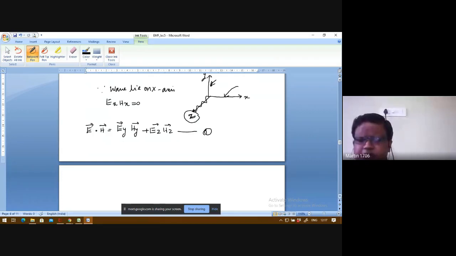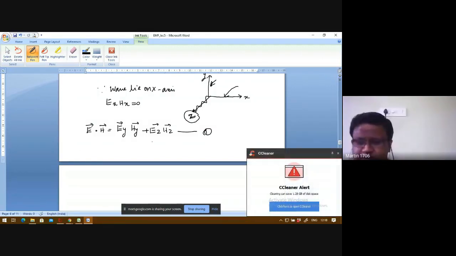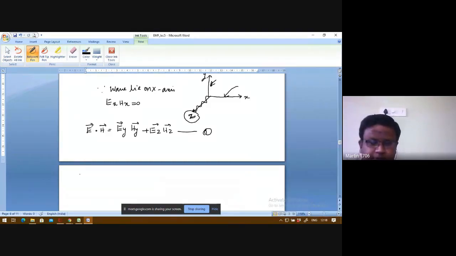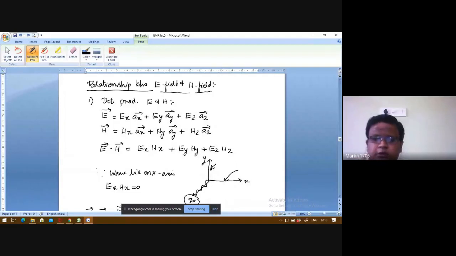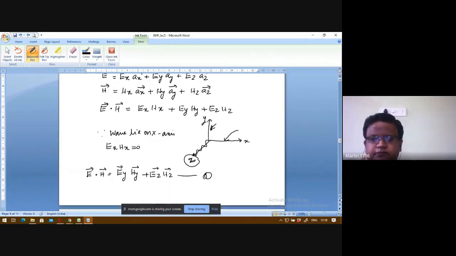Each and every thing has its own electric and magnetic property. The intrinsic impedance is denoted by the symbol eta.